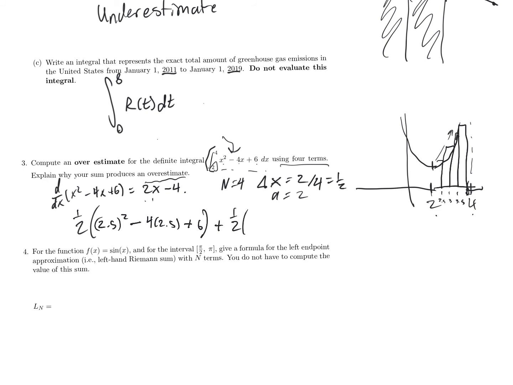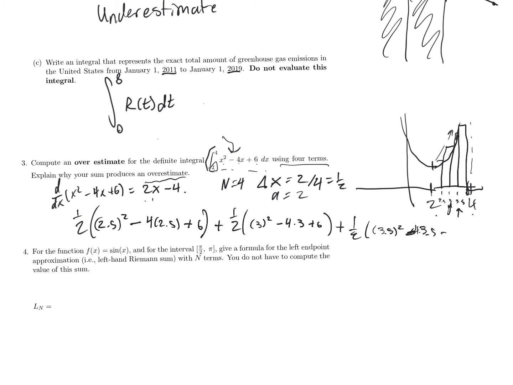What's my next rectangle height? I plug in 3. It happens at 3. So I've got 3 squared minus 4 times 3 plus 6. Okay, and finally, well, I say finally, but there's 2 more. What's my next value I'm going to put in? It should be 3.5. 3.5 squared minus 4 times 3.5.